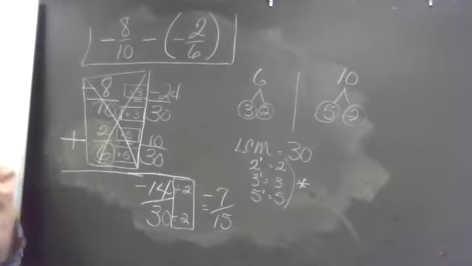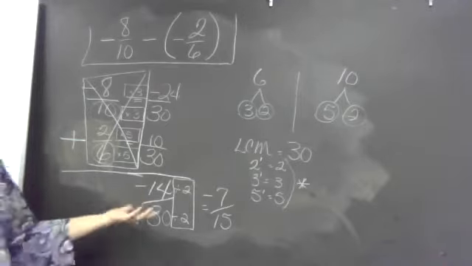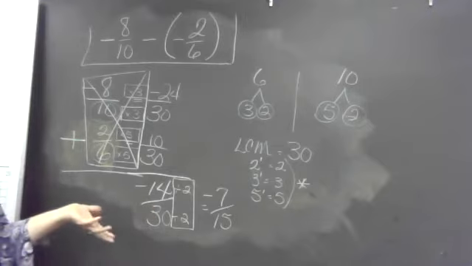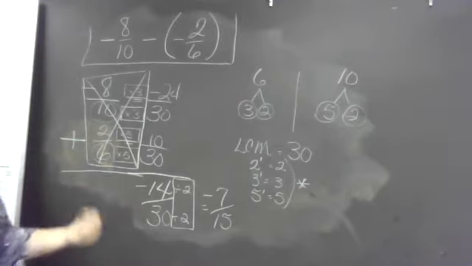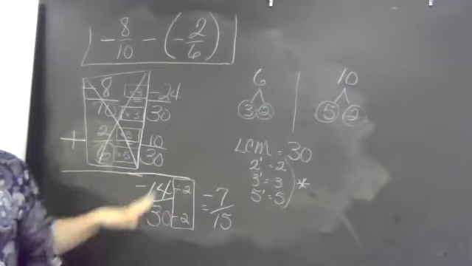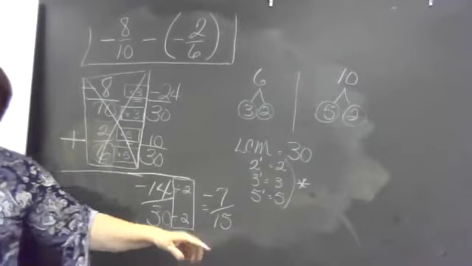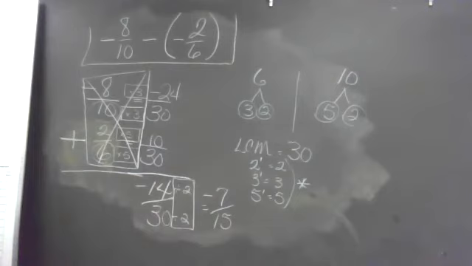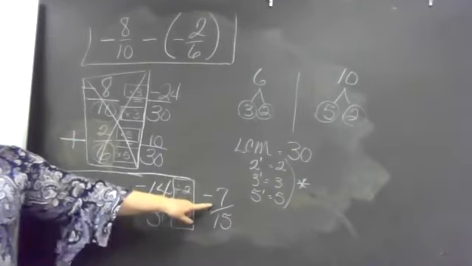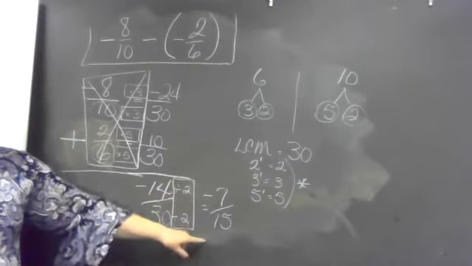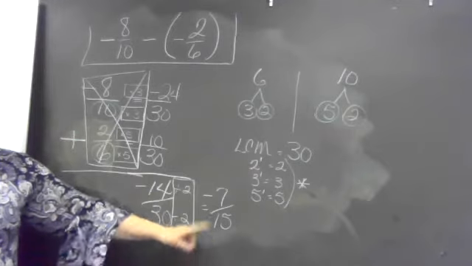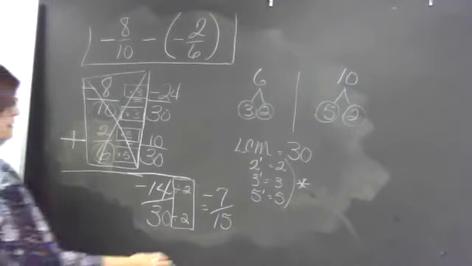Now, one thing I will caution you about, sometimes you'll see that it's going to divide by 2 and it works. But always look at your last answer and see if it will go down further. In this case, it will not, because the only thing the top will divide by is 7, and 7 won't go into 15. So we're there. This is the final answer.